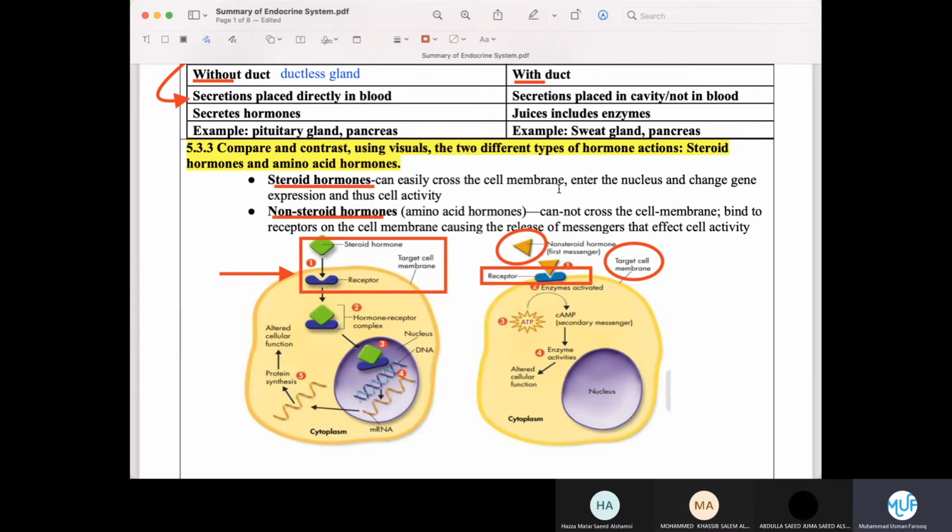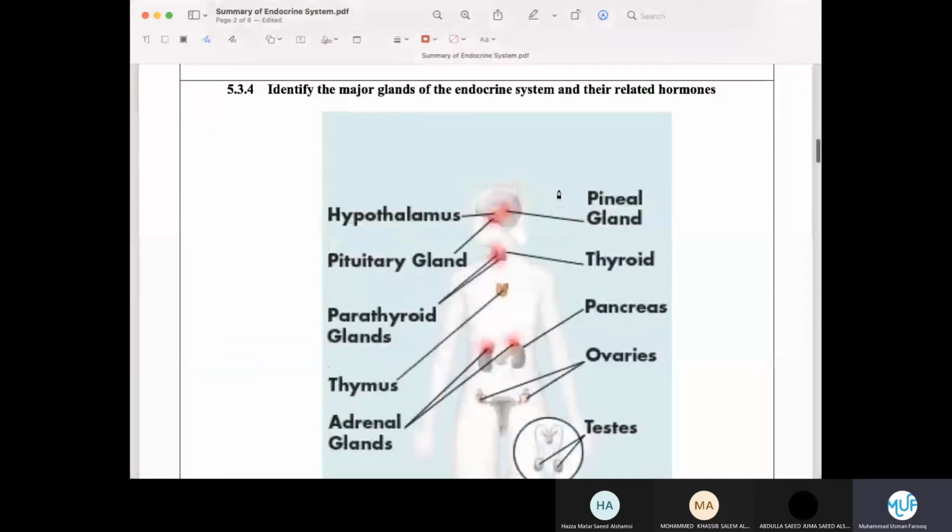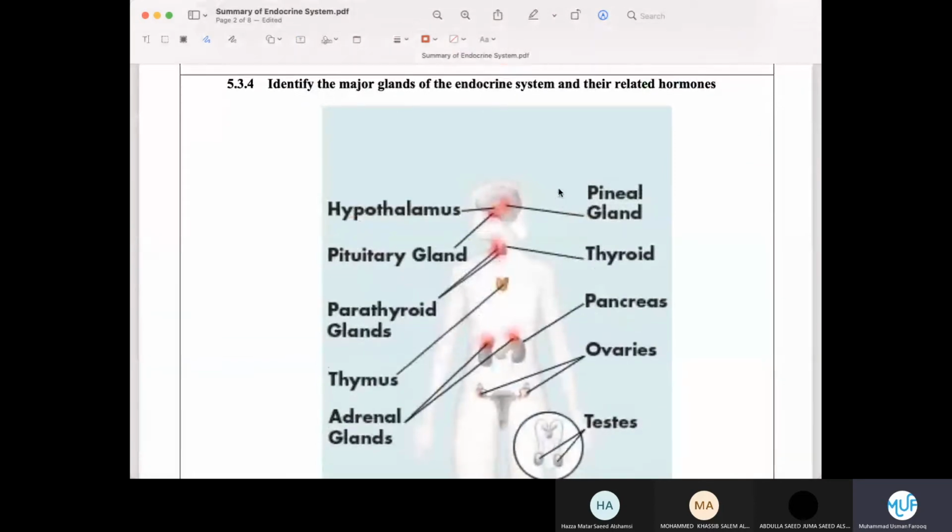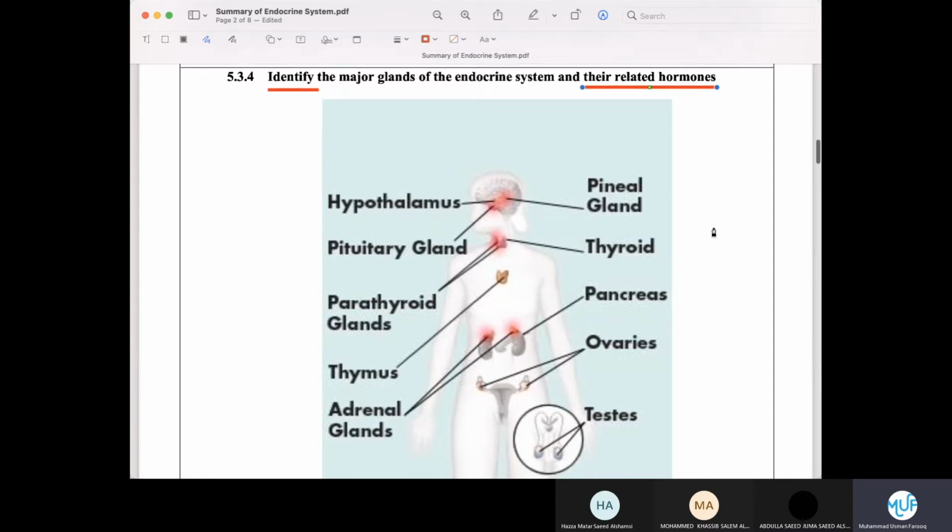Excellent. Okay, now we will move forward and see some major glands in the human body. We have to identify them on the body, and then say what hormones are secreted by them.